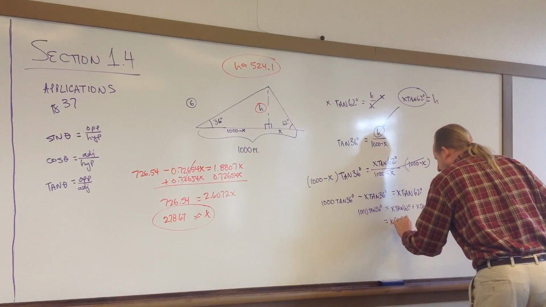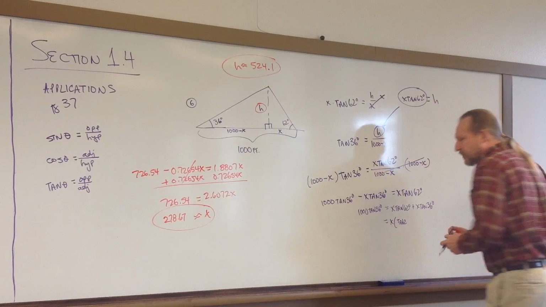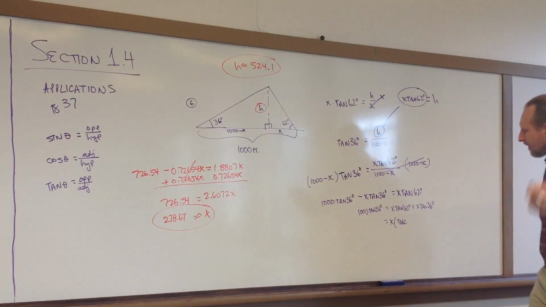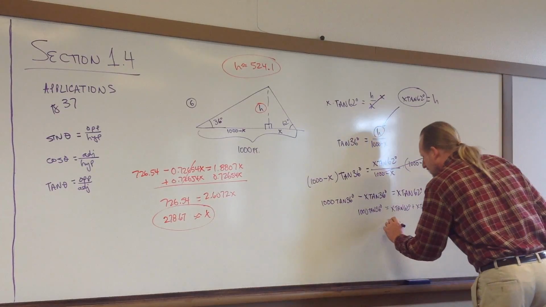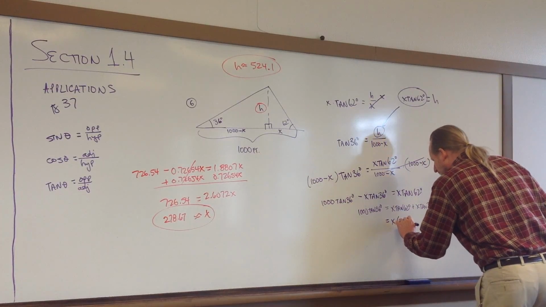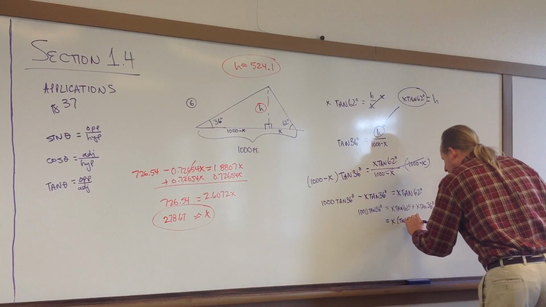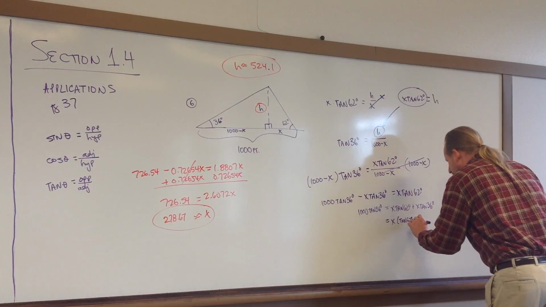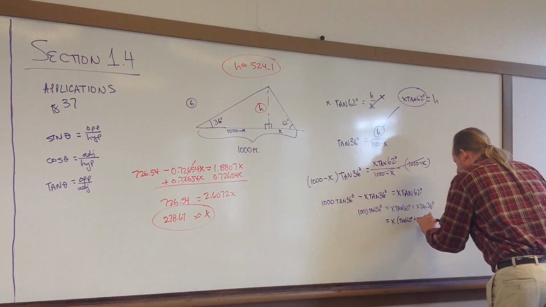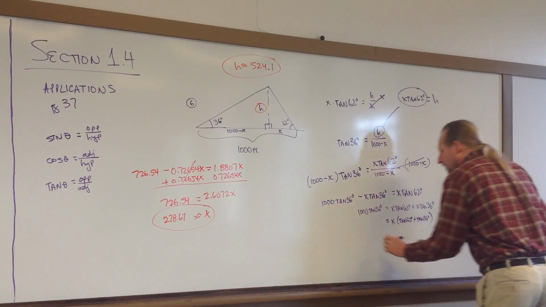And the trick here, this is very much like solving one of these logarithm problems that we do in Math 111, where you factor out the x and then you divide through by tangent 62 plus tangent 36.